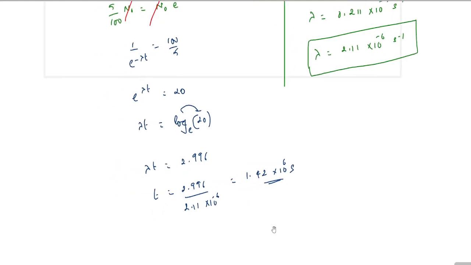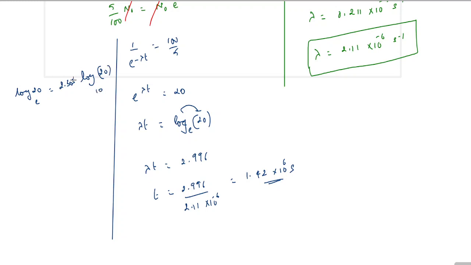In case in the exam hall you don't get natural logarithm, then you can convert this by using log to base 10, and log of 20 to base e would be nothing but 2.303 log of 20 to base 10.